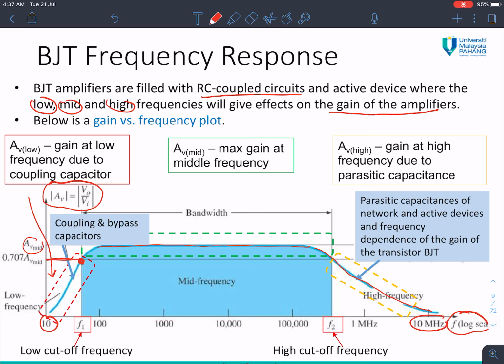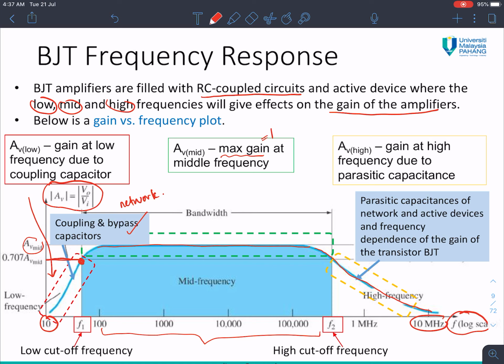So the Av low is the gain at low frequency due to the coupling capacitor. This is what it means by the network. Okay, and the Av mid is the maximum gain at the middle frequency. So we say that here is the middle frequency, so we get a maximum gain equal to 1.